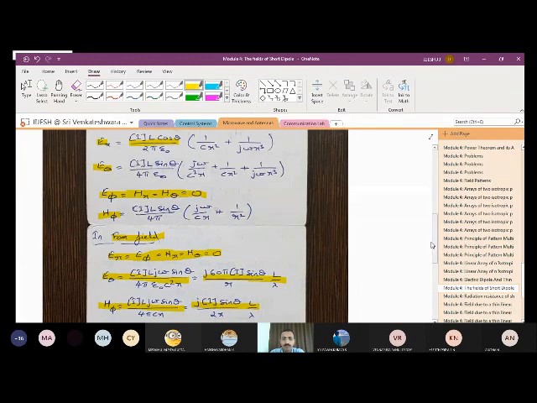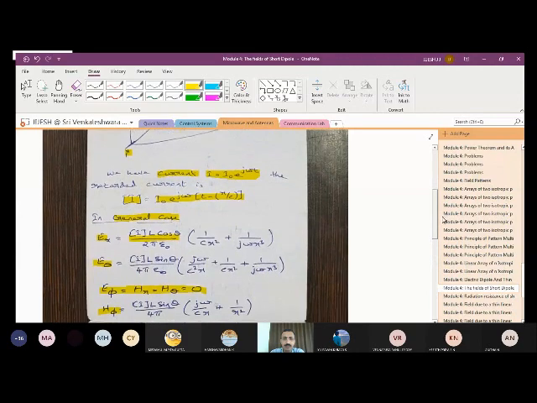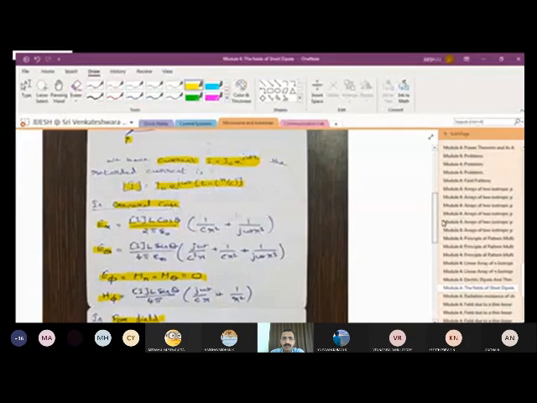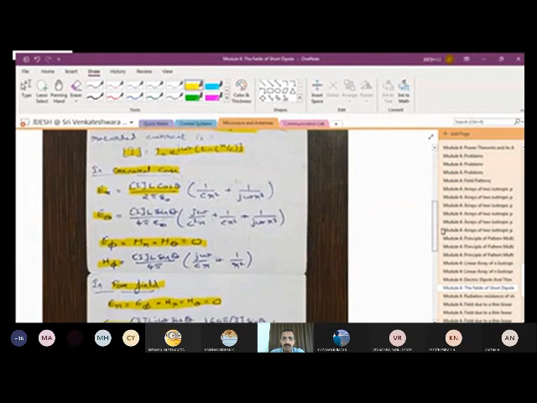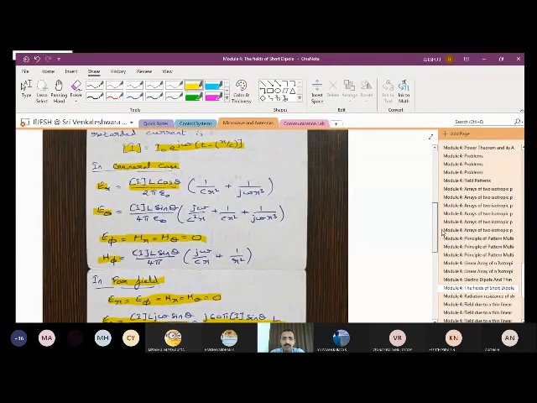And for the current, we have also defined the equation, that is the retarded current is given as I naught e to the power of j omega into t minus r by c.